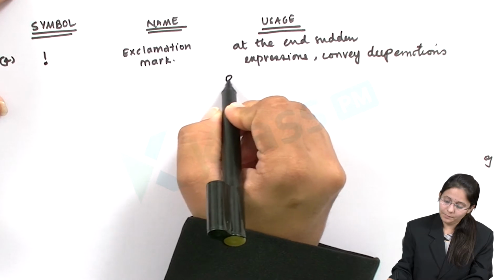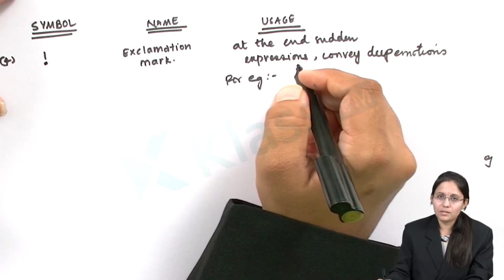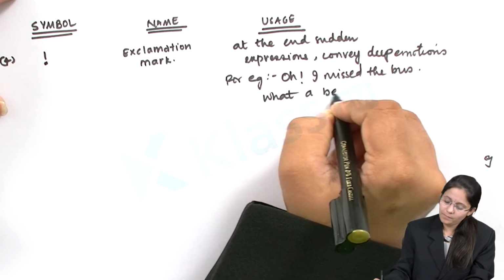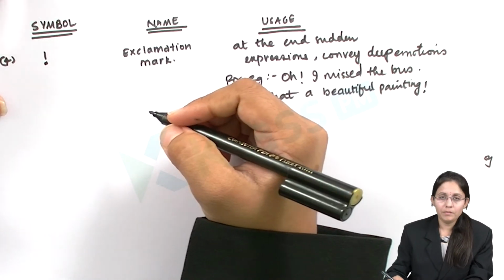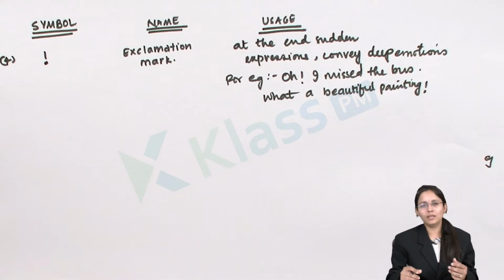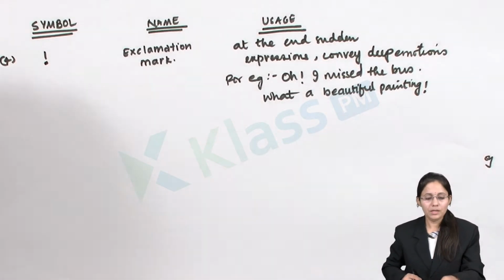For example, "Oh, I missed the bus!" can be one way to write. "What a beautiful painting!" can be used where you are expressing an overjoyous feeling or a sad feeling. Okay, so this kind of symbol is known as the exclamatory symbol.